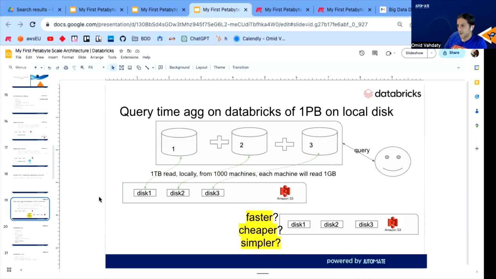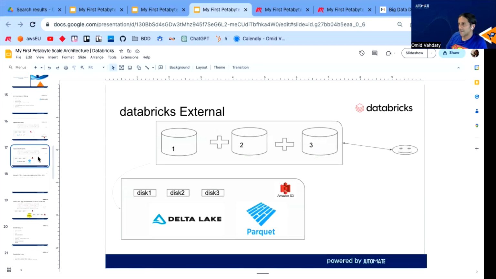Assuming any storage type, the larger the cluster, the more compute power you have, the more parallelism you get. So essentially, Nitin asked the question about the difference of internal and external.